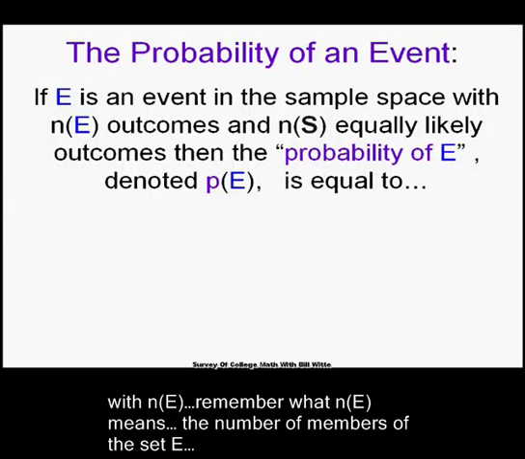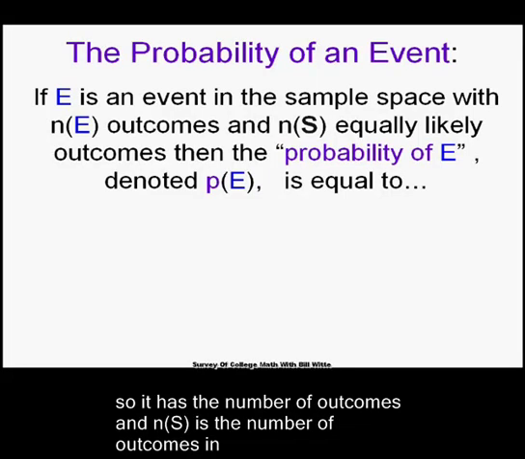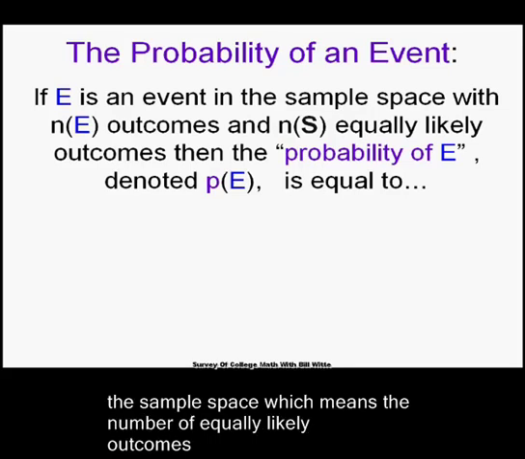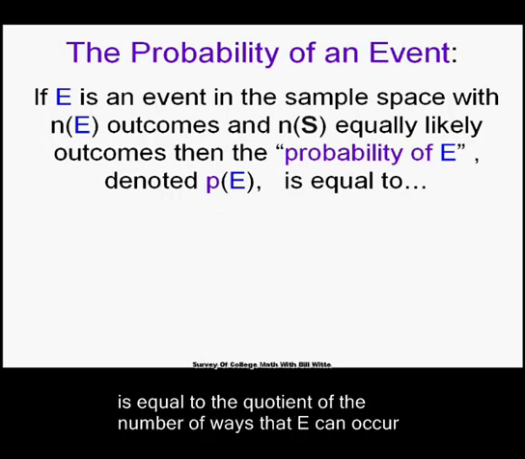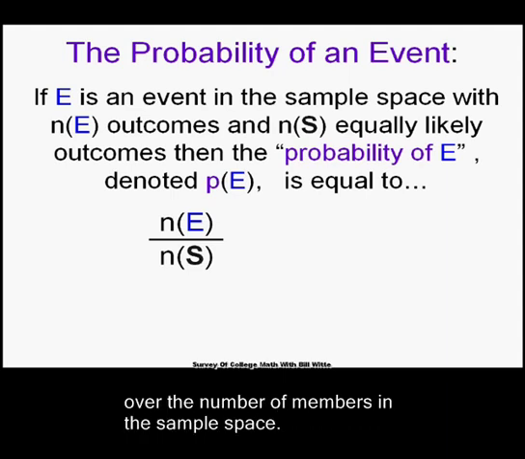The number of members of a set E. So it has the number of outcomes, and N of S is the number of outcomes in the sample space, which means the number of equally likely outcomes. Then we define the probability of event E. It's denoted P of E, probability of E, and is equal to the quotient: the number of ways that E can occur over the number of members in the sample space.